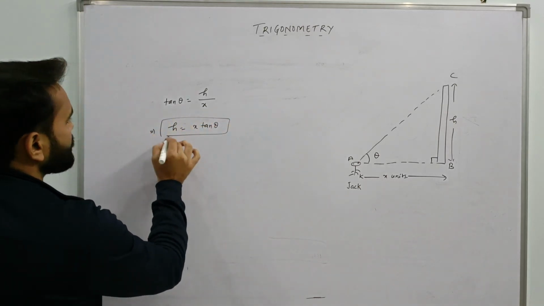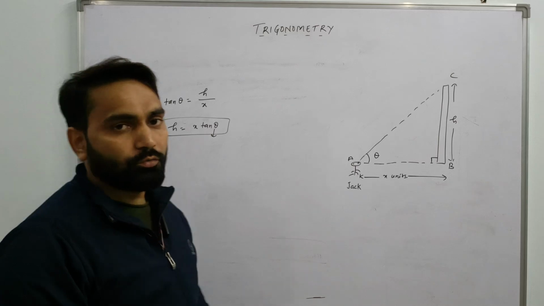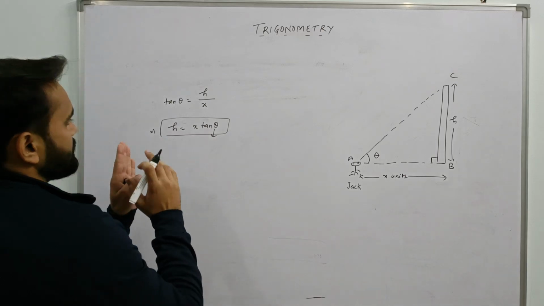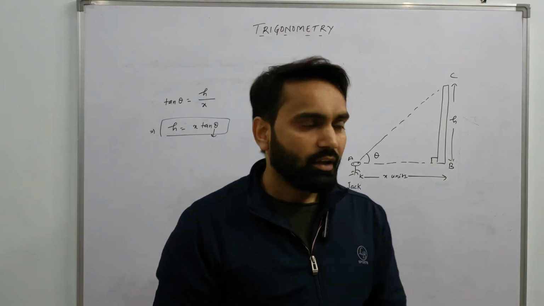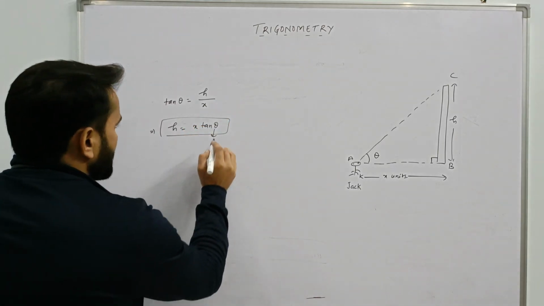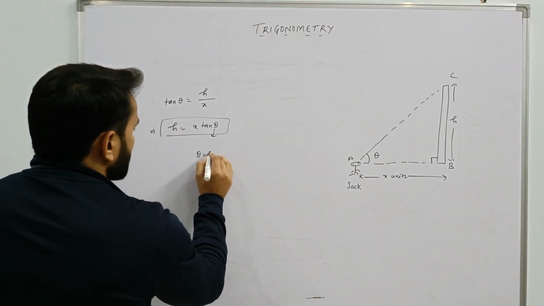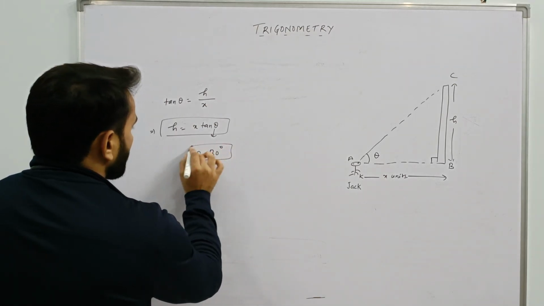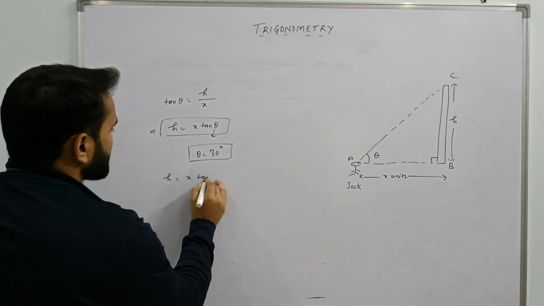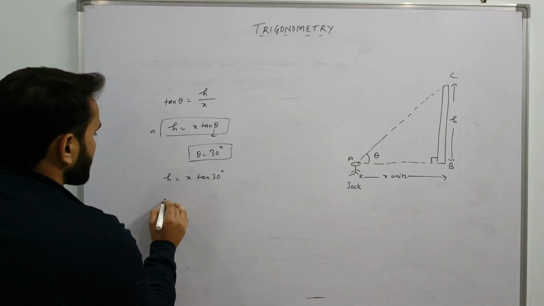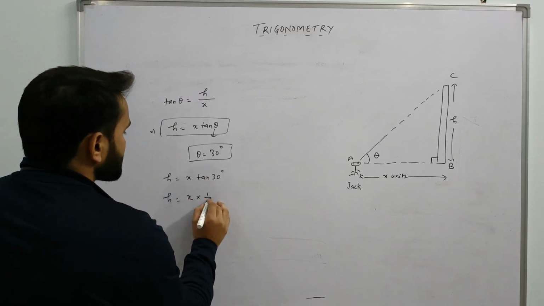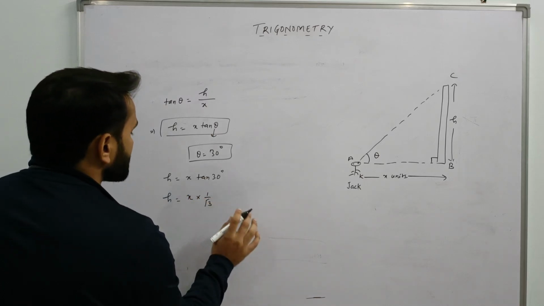Now question is how to find this tan theta. So we have a trigonometric table for certain ratios. We have a table and we can find the tan theta with the help of that table. For example, if I have theta as 30 degree, then in that case the height of building will be x tan 30, and from the table we can observe that h equals x into tan 30, which is 1 by root 2, 1 by root 3, sorry.